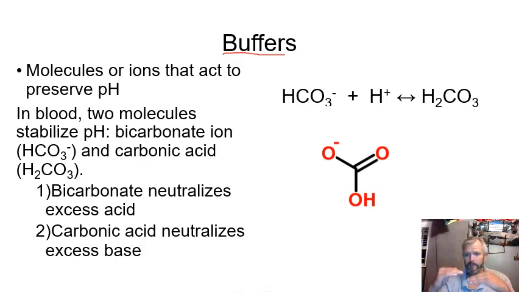So what we have is a lot of bicarbonate in solution, and a decent amount of carbonic acid in the solution. Because if we have large amounts of this, a change in this will drive my equation either this way or that way.